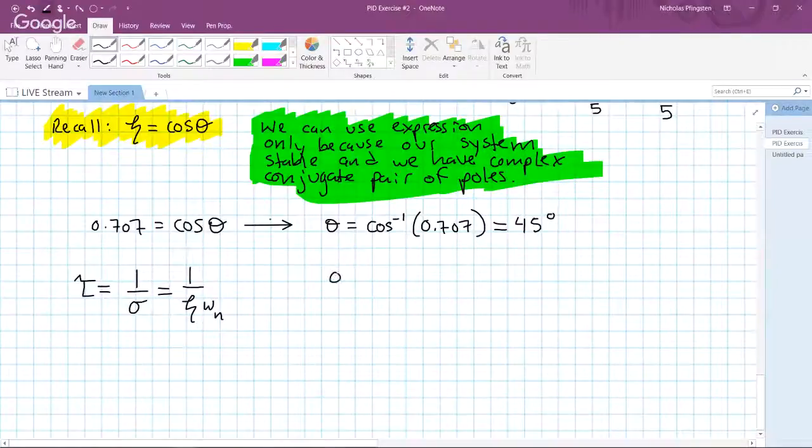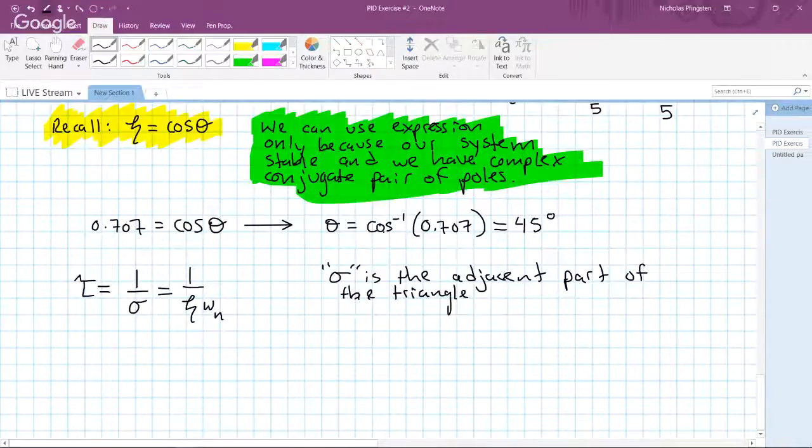That sigma, so sigma is the adjacent part of the triangle, or the distance from the origin to the pole.